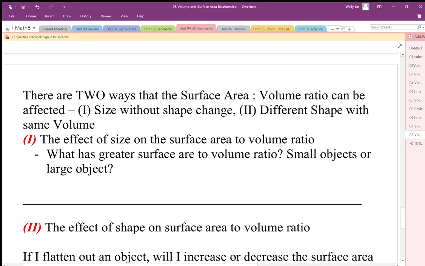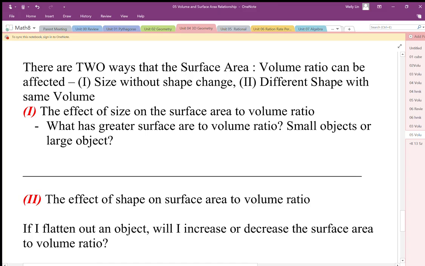So basically there are two main ways that we can affect surface area to volume ratios. These are kind of independent of each other. First, size. If we have the same shape and we don't change it, for example keep a sphere and increase or decrease the size of the sphere, the surface area to volume ratio will change.